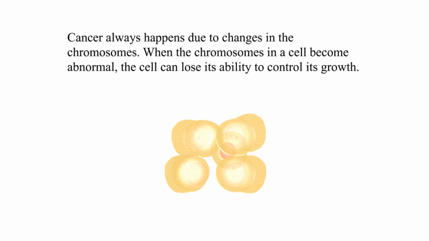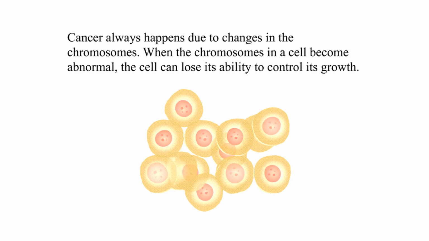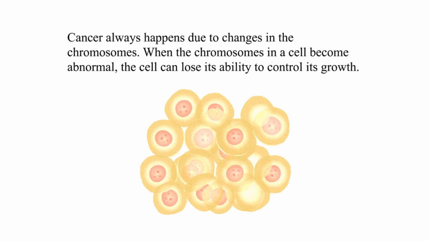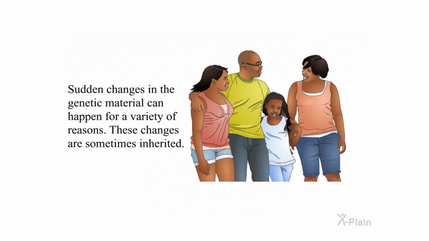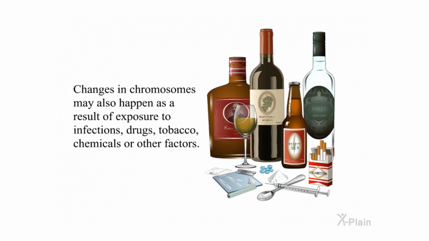When the chromosomes in a cell become abnormal, the cell can lose its ability to control its growth. Sudden changes in the genetic material can happen for a variety of reasons. These changes are sometimes inherited. Changes in chromosomes may also happen as a result of exposure to infections, drugs, tobacco, chemicals, or other factors.